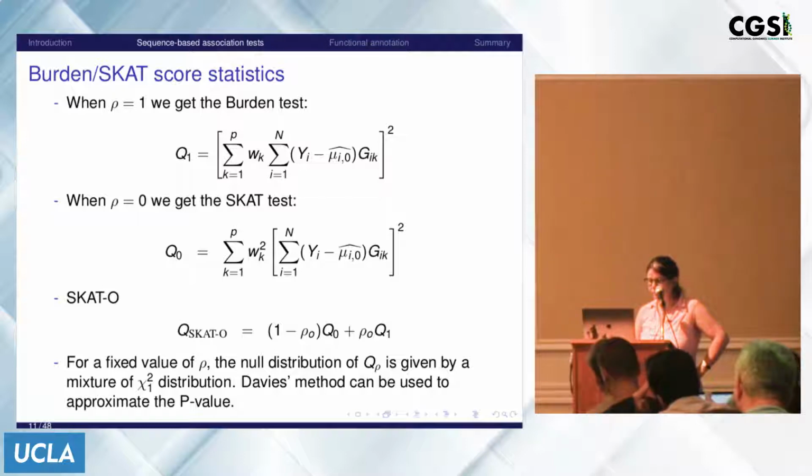For a fixed value of rho, the correlation among betas, the null distribution of Q is a mixture of chi-squares, and you can get the p-value analytically. So these tests have some very good advantages. They're computationally efficient, and you can get analytical p-values easily. They're regression-based tests, so they have a lot of good features.